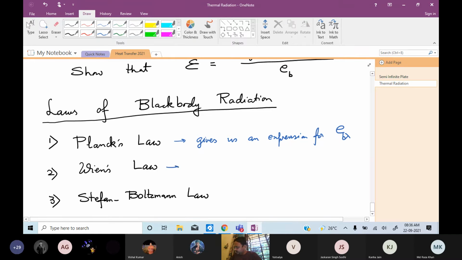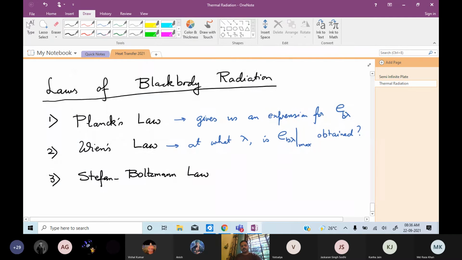Wien's law says at what value of lambda the maximum value of EB lambda is obtained.